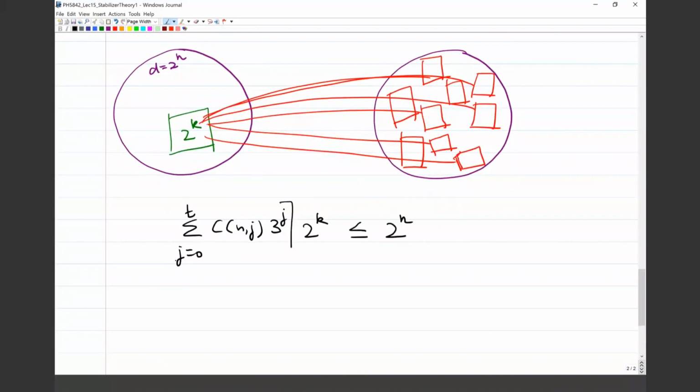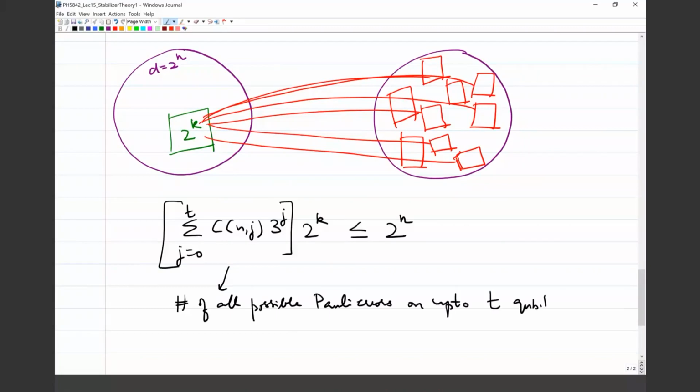So what I've summed over here is the number of all possible Pauli errors on up to t qubits, right? And each such subspace corresponds to one such error.